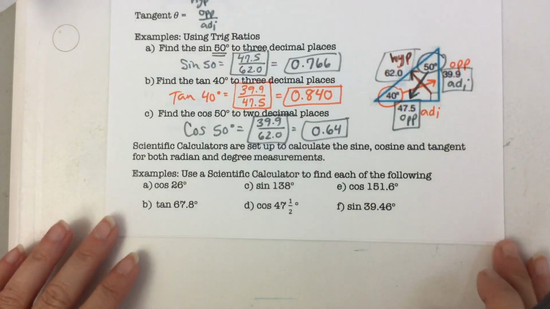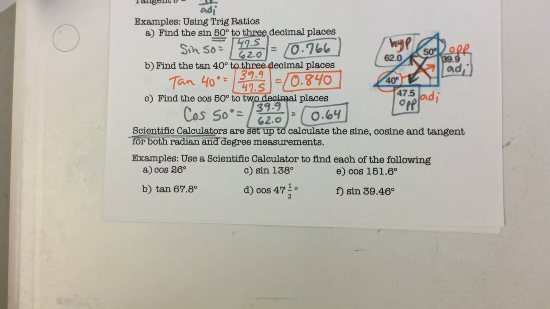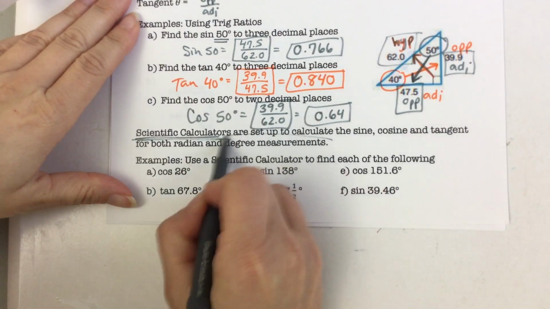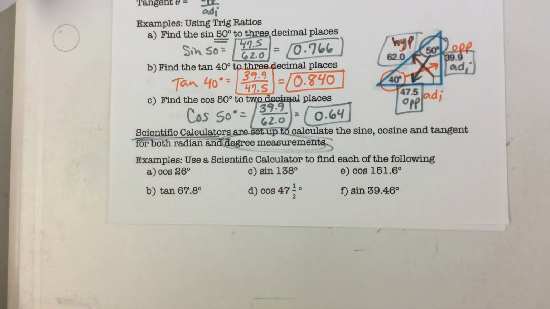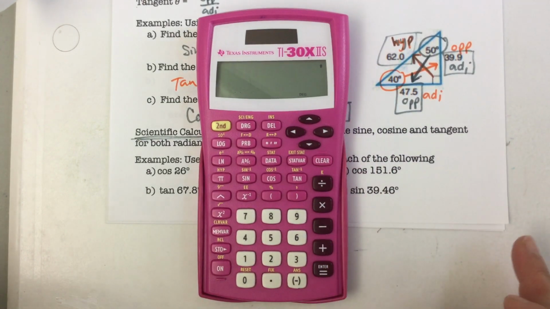Okay, now one skill that we definitely want to cover in this class is how to use scientific calculators. Scientific calculators are set up to calculate the sine, cosine, and tangent in both radians and degrees. In this course, we just practice how to do this in degree measurement. So before we go to the next part, you want to make sure that your calculator is in what's called degree mode.